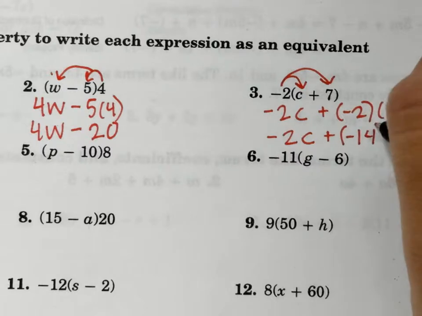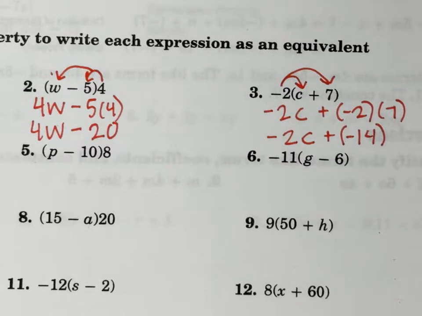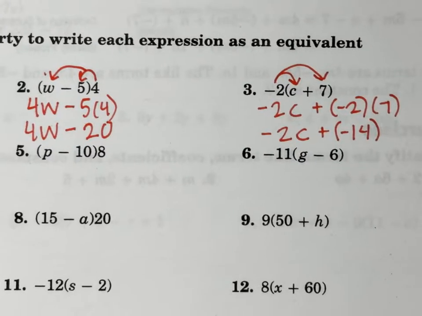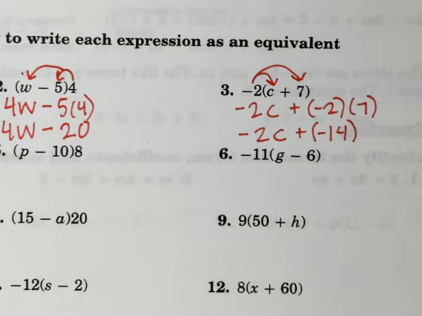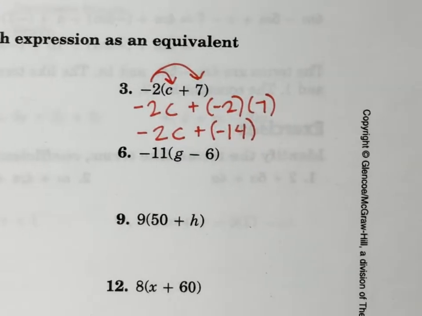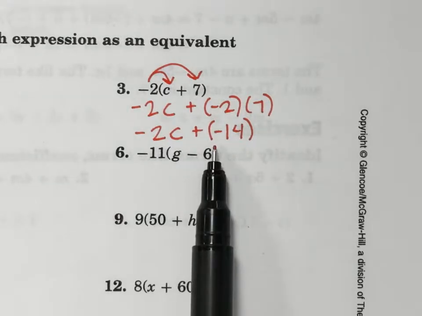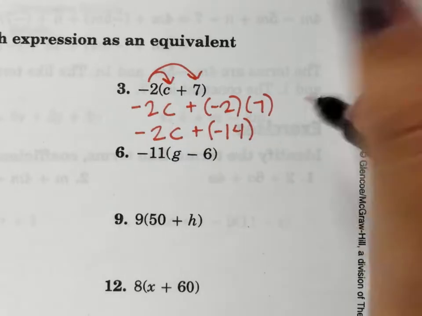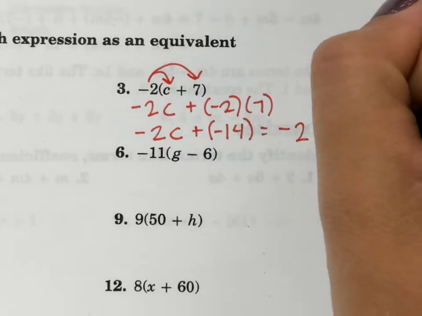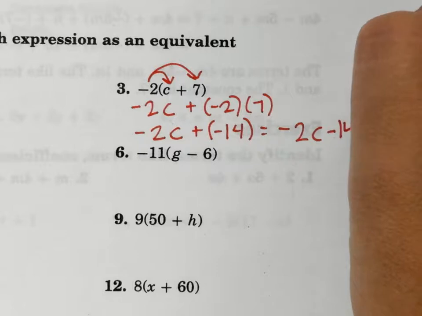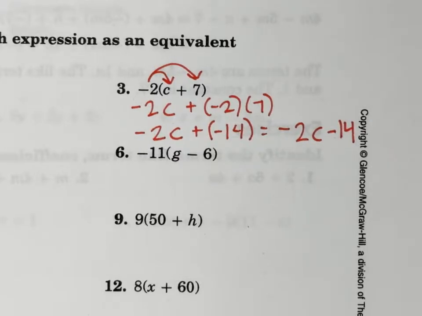Negative 14. Am I done simplifying, or can I go further? What is the same as adding a negative? Subtracting. So I can rewrite it as negative 2c minus 14. And then I don't have any parentheses.